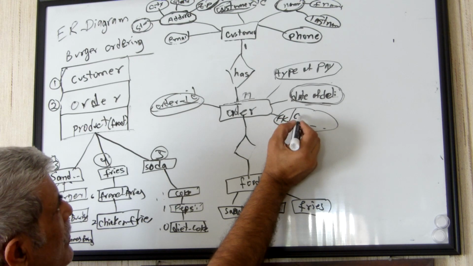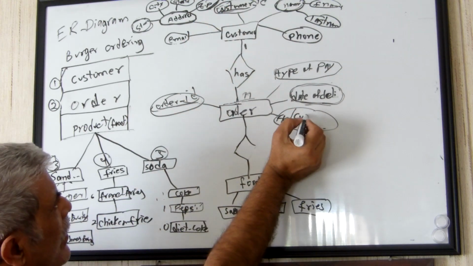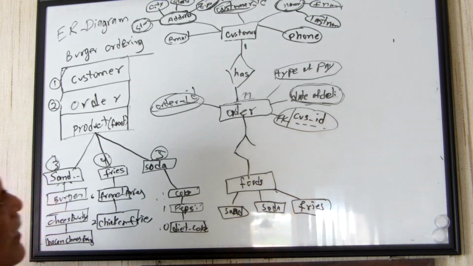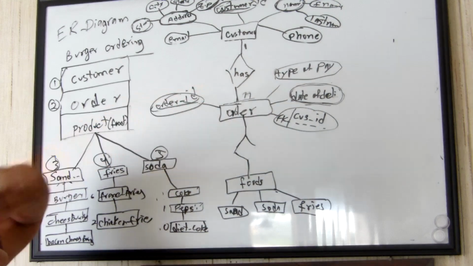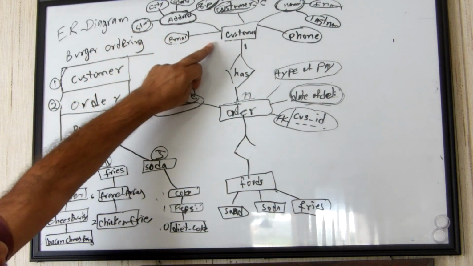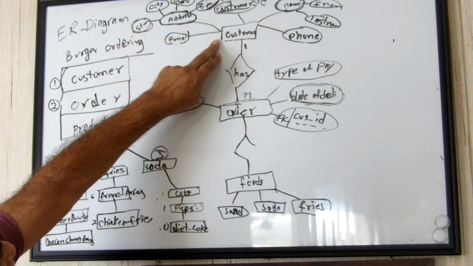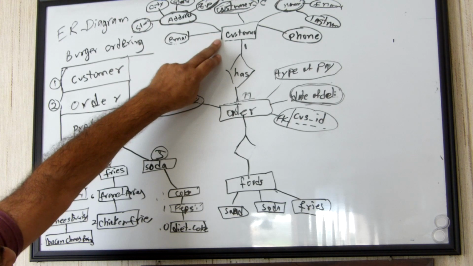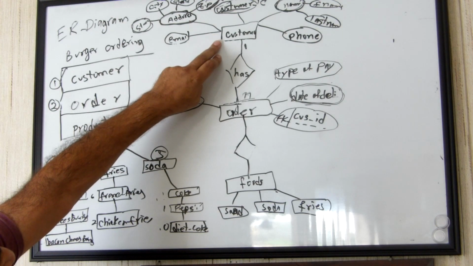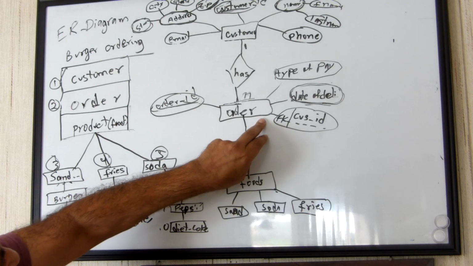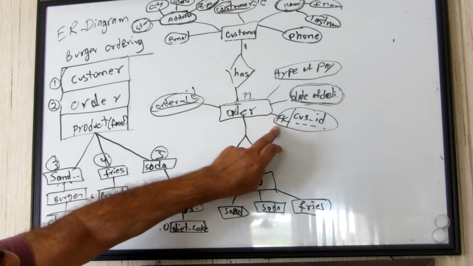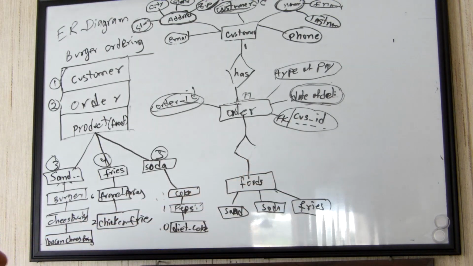It's going to be customer ID. When you have one to many, the primary key of the one side, like customer here, has to be in the order table as a foreign key.